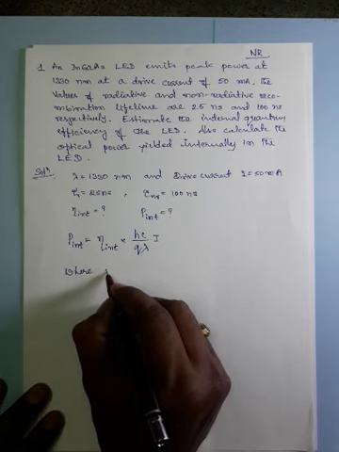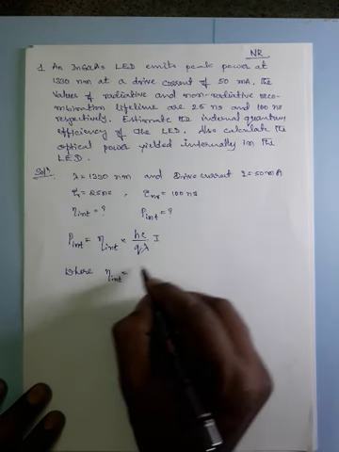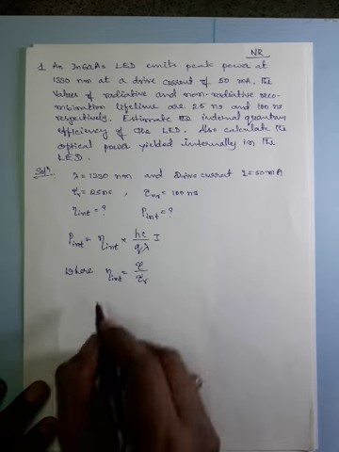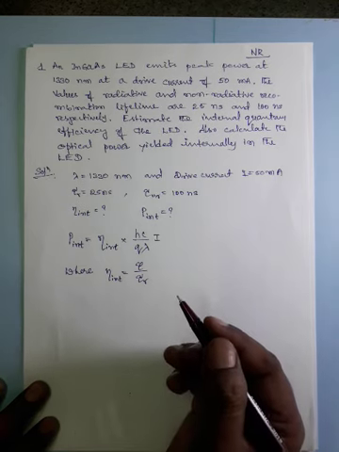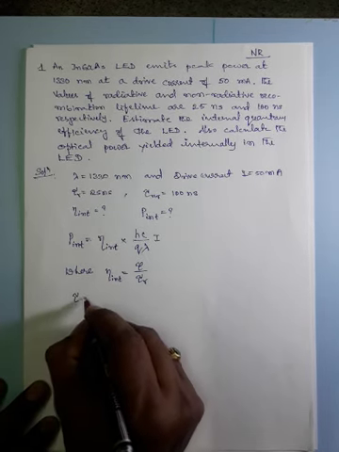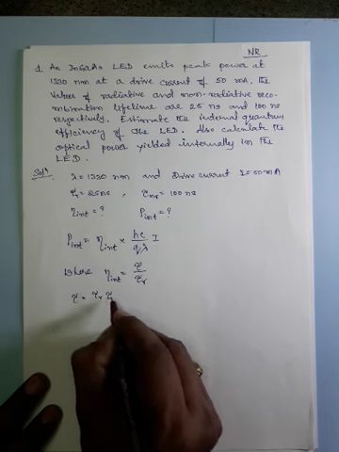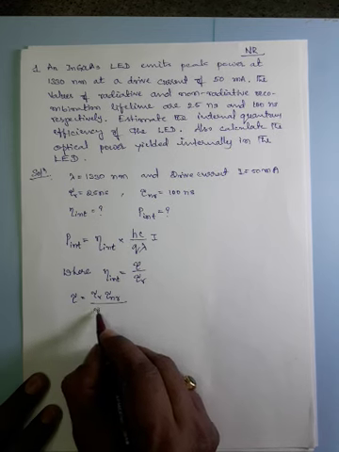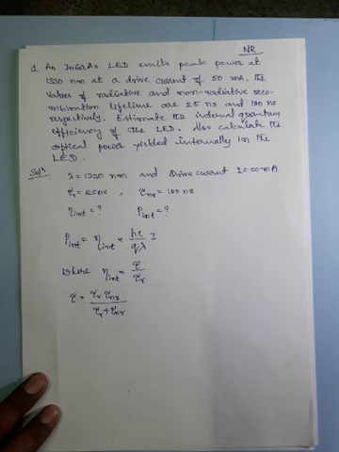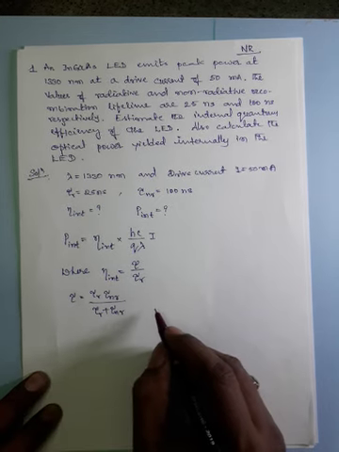internal quantum efficiency is given by eta int is equal to tau divided by tau r, where tau is the effective lifetime of carriers that can be calculated by using the relation tau is equal to tau r into tau nr divided by tau r plus tau nr, which means the effective lifetime is equal to the product of the radiative recombination lifetime and non-radiative recombination lifetime to the sum of the radiative recombination lifetime and non-radiative recombination lifetime.